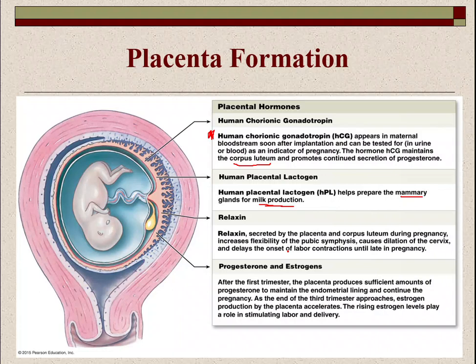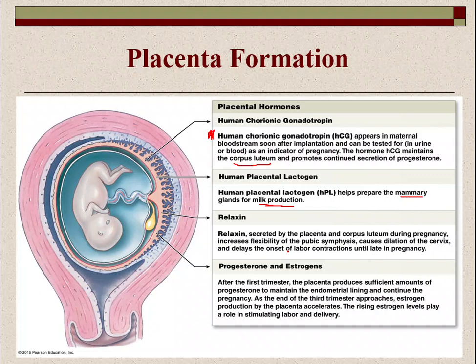So basically relaxing the pelvic articulations to increase flexibility for childbirth. Okay, so relaxin during early pregnancy, its job is to prevent any onset of labor contractions. But towards the end of pregnancy, it will begin to now prep the body for childbirth.